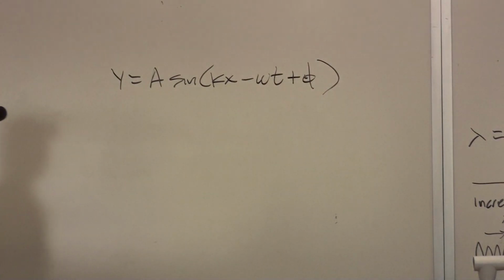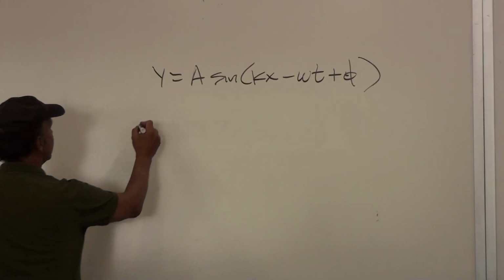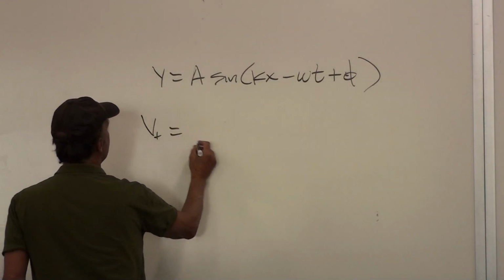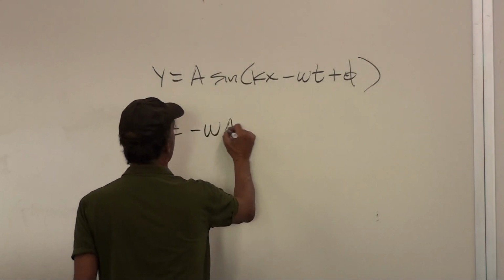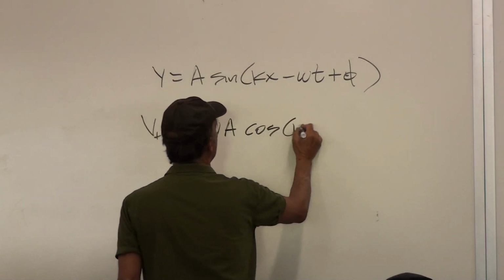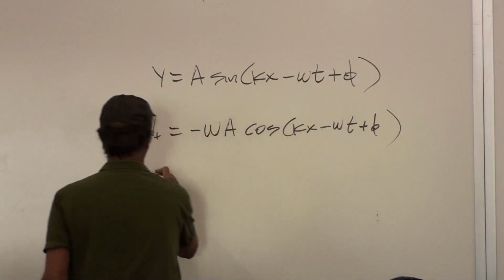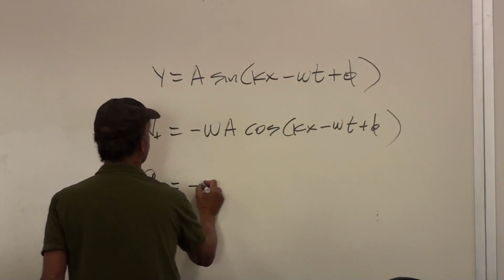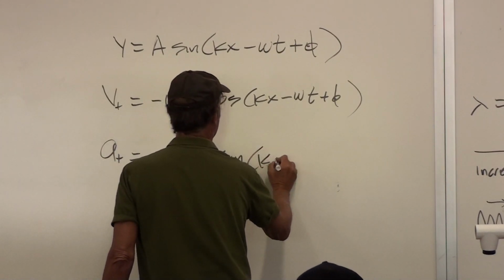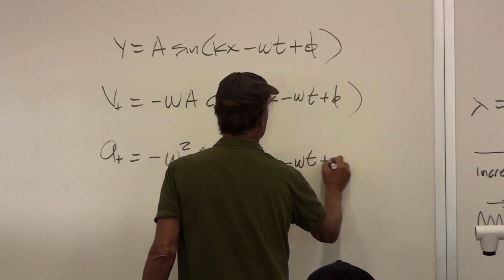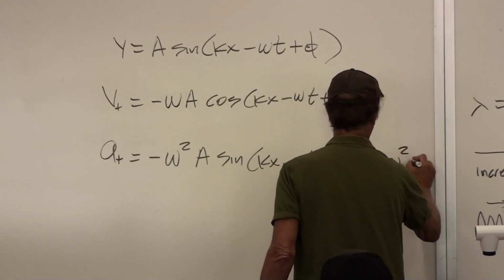And so we looked a lot at that, and we also looked at the idea of the transverse velocity, v_t, is equal to, what was that, minus omega A times the cosine of kx minus omega t plus phi. And we got the transverse acceleration, which is minus omega squared A sine kx minus omega t plus phi. And that was equal to minus omega squared y.